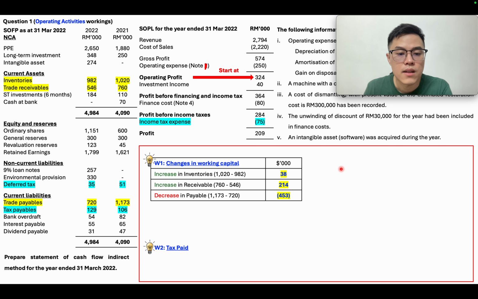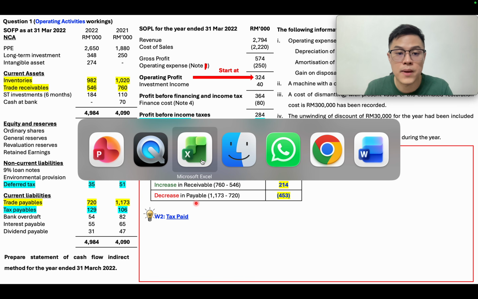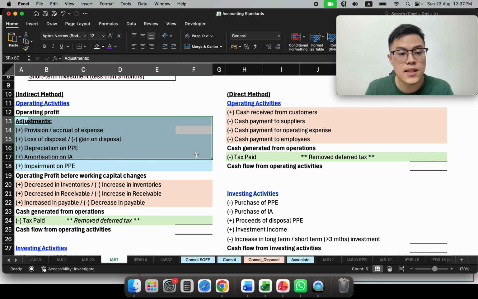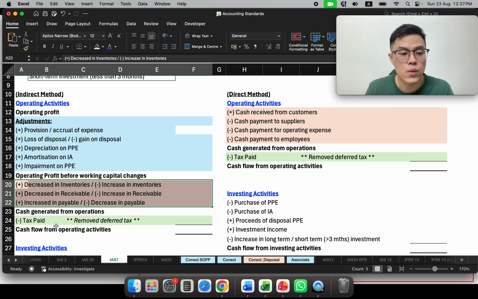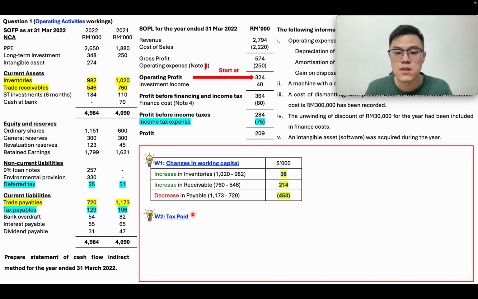After that, we need to calculate our tax paid, because once we settle this, we will need to know our tax paid. The tax paid here is a little bit complicated, because you have the income tax expense, which I highlighted in blue. This income tax expense is hiding the impact of deferred tax.